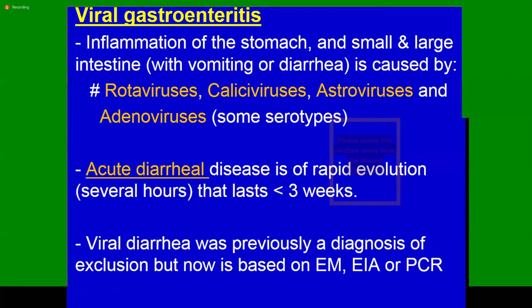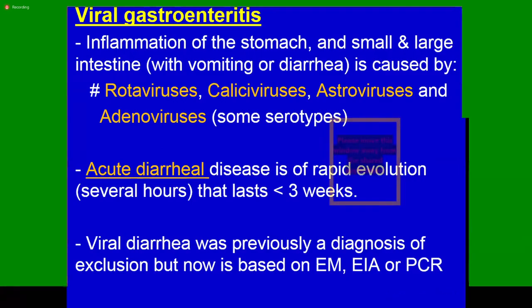Viral gastroenteritis is inflammation of the stomach, could be small intestine, could be large intestine, associated with vomiting or diarrhea or both, which can be caused by many viruses, as I said: Rotaviruses, Caliciviruses, Astroviruses, النجمية, Astro من النجم, and Adenoviruses.